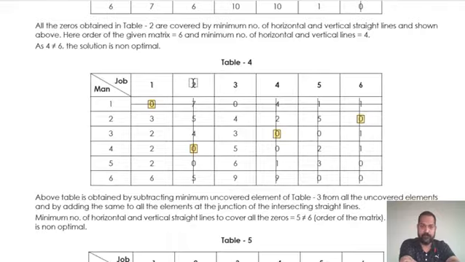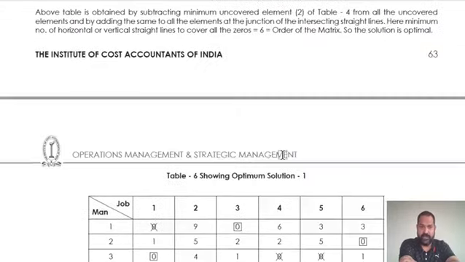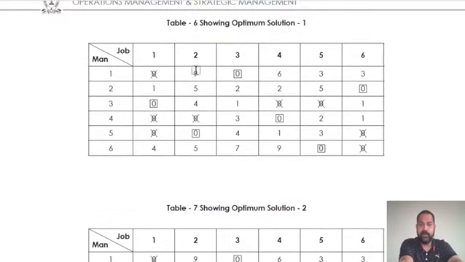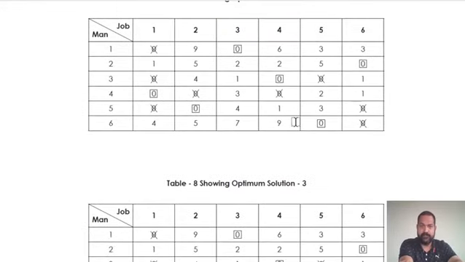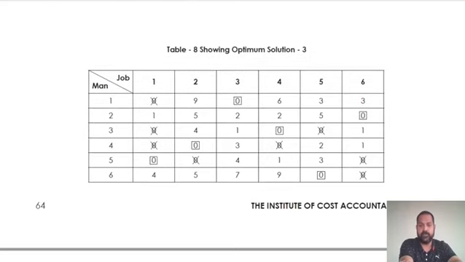You know what they've done? This is one solution that they have. This is the first solution, this is the second solution, and this is the third solution.